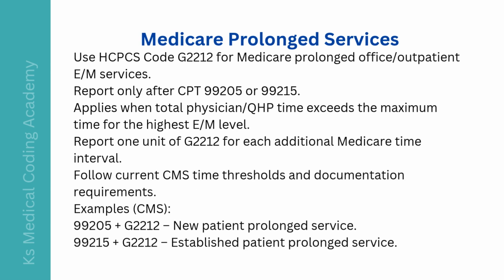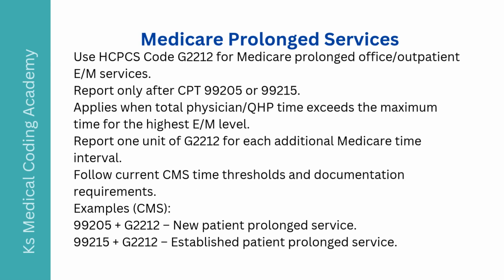For Medicare patients, prolonged office and outpatient EM services are reported using HCPCS code G2212, not CPT code 99417. G2212 is reported only after selecting the highest level office visit code, either 99205 for new patients or 99215 for established patients, and only when the physician's documented total time exceeds the CMS threshold.